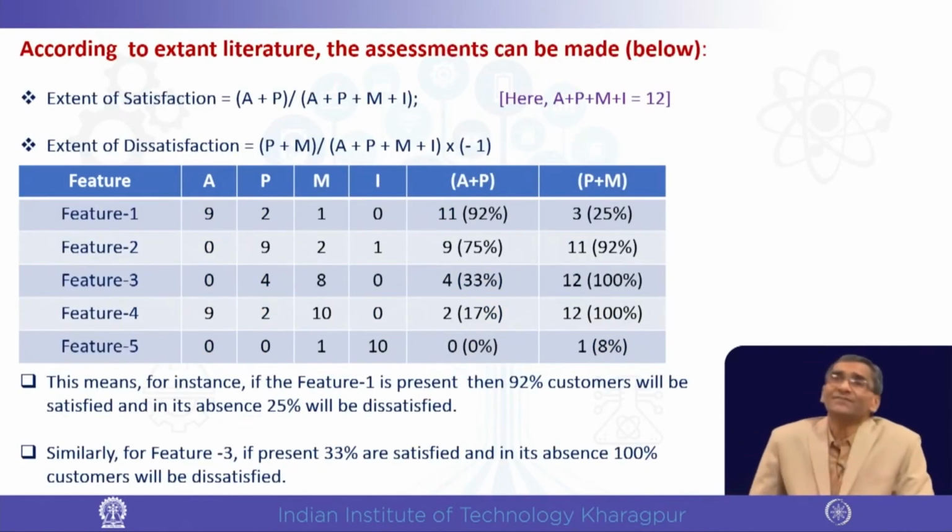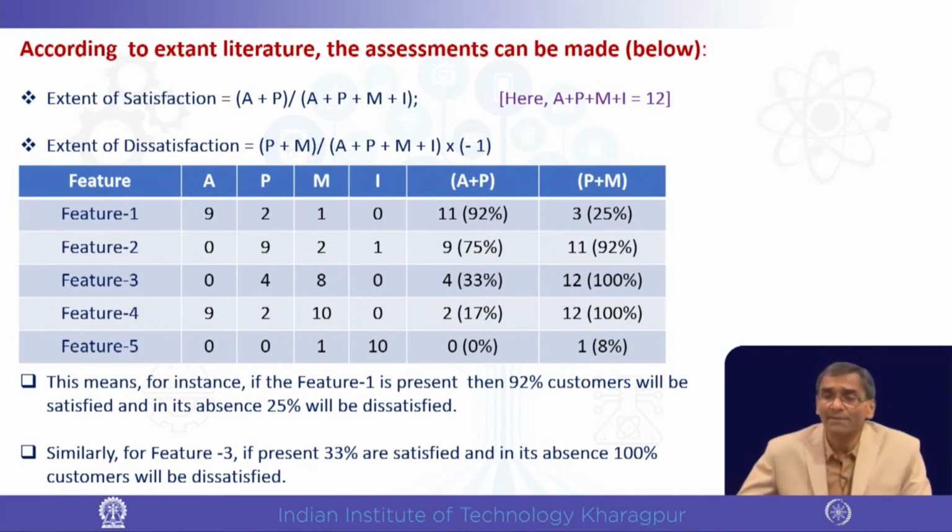Now, the extent of satisfaction, as I just mentioned, is expressed with the formula available in the literature: A, that is attractive features, plus performance features, divided by attractive plus performance plus must have plus indifferent.